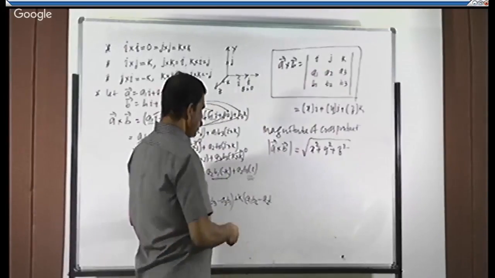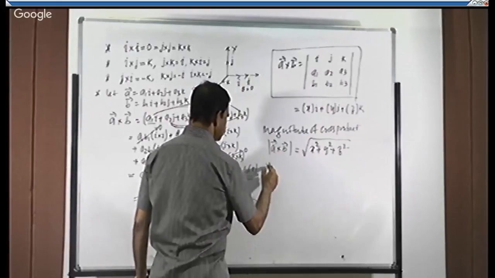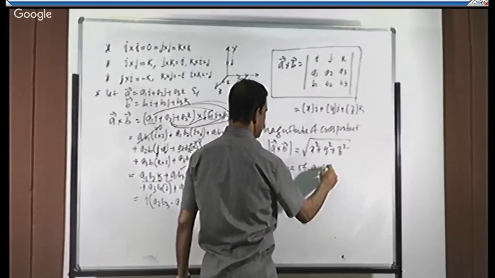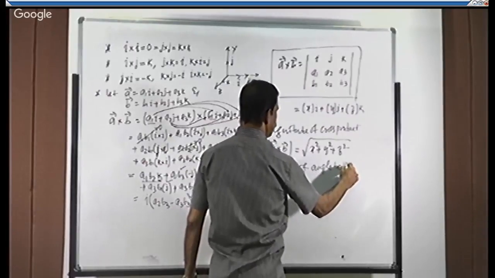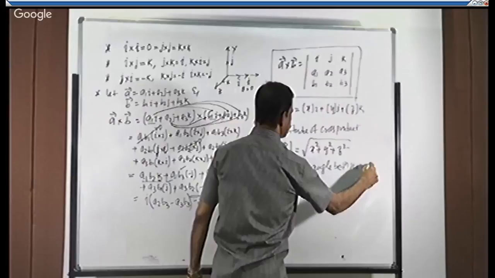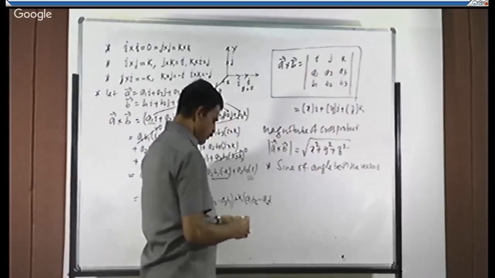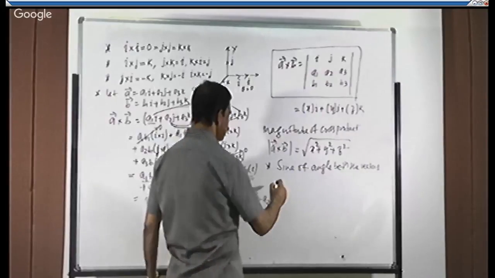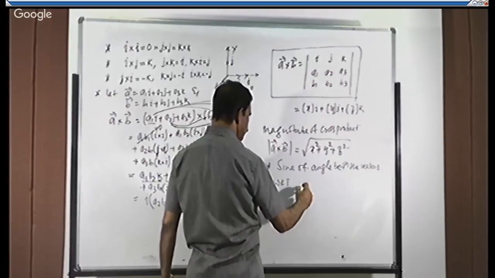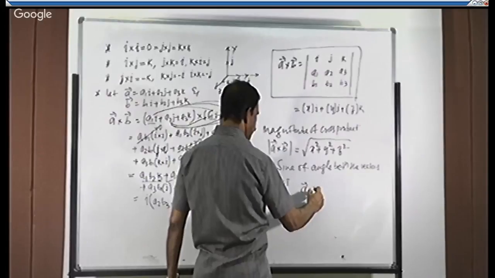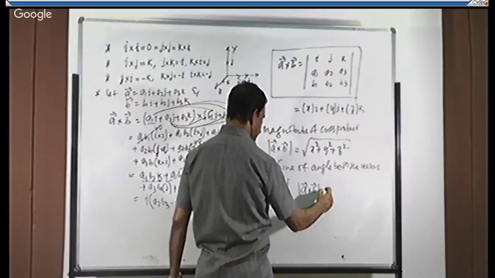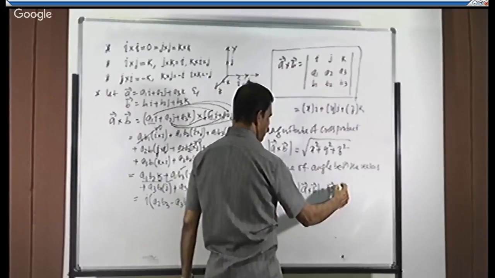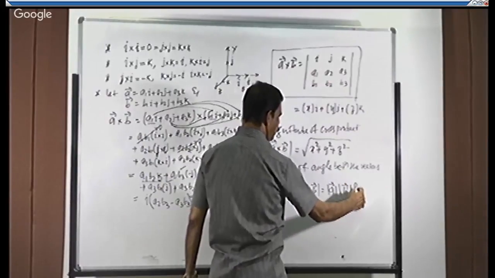Next property, sine of the angle between the vectors. So as we know the formula, what is that? The magnitude of A cross B is equal to, I mentioned it earlier, magnitude of A, magnitude of B into sin theta.